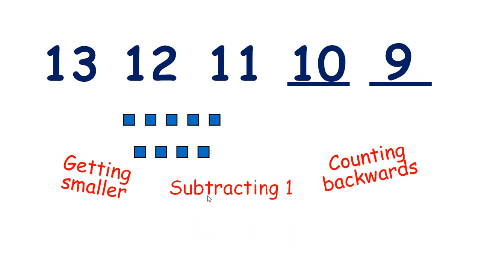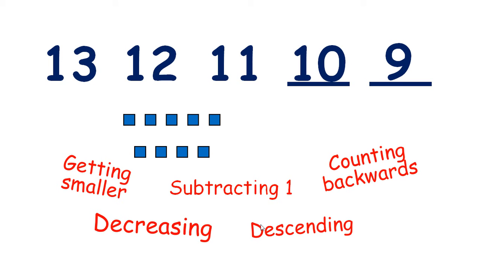You can say that we're subtracting 1 or taking 1 away each time. You can say that we're decreasing by 1 each time, that the numbers are decreasing. Or you can say that the numbers are in descending order, so they're going from bigger to smaller.